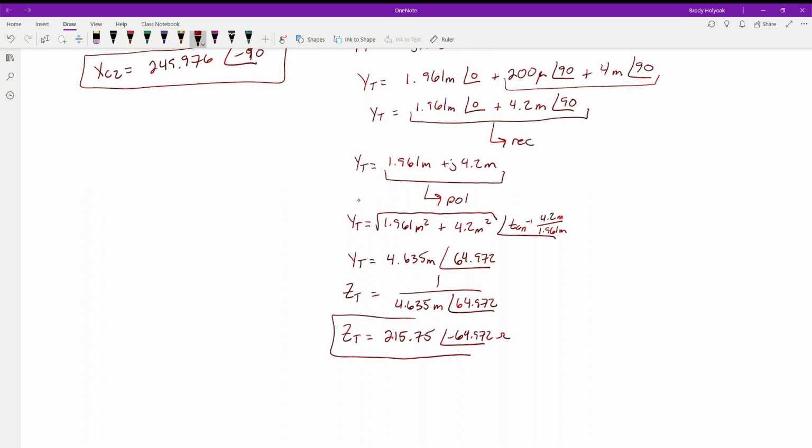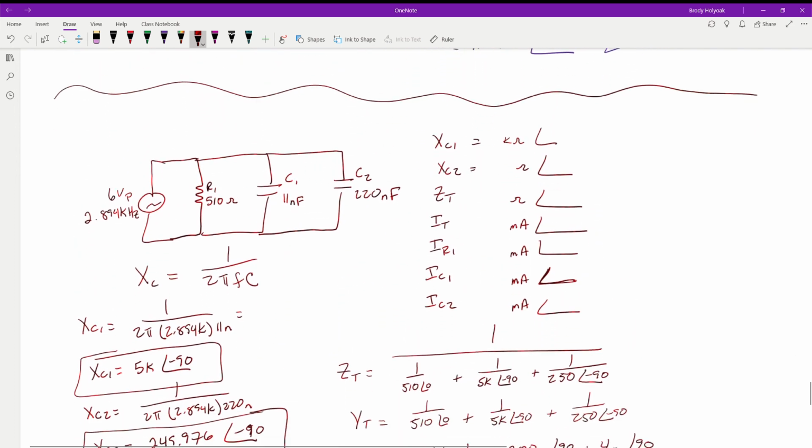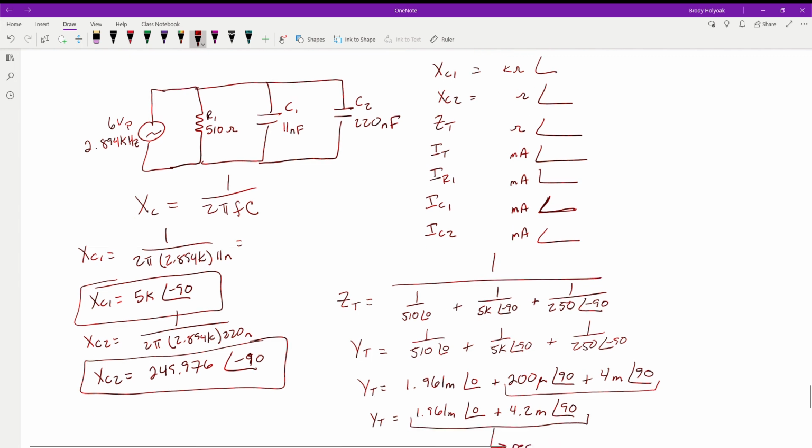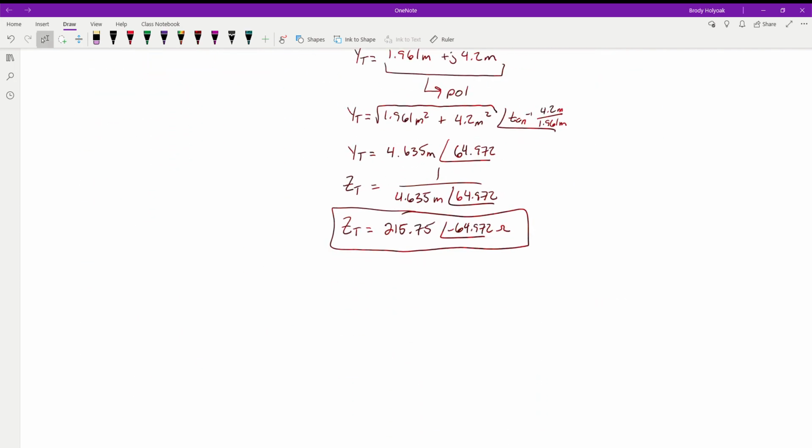And again, we have 215 ohms. Let's go back up and look at our circuit. We have a 510 in parallel with a 249 in parallel with a 5K. So it's going to be less than the 250, and we're at 215. So that's our impedance total. Now we come back through.